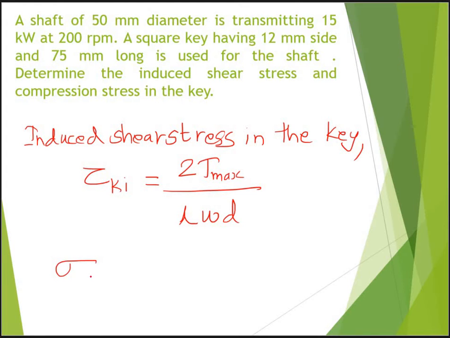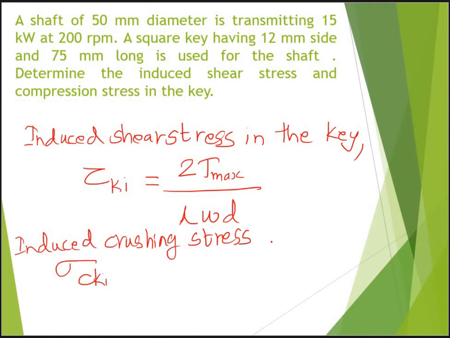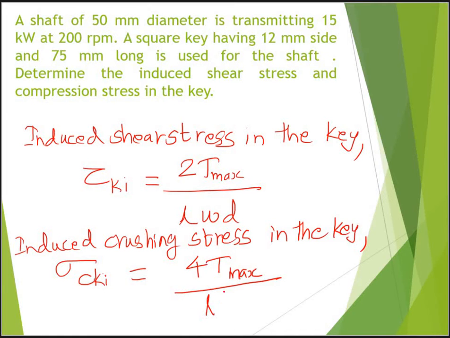And induced crushing stress in the key, sigma Cky is equal to 4 T max divided by LTD, where T is the thickness of the key.